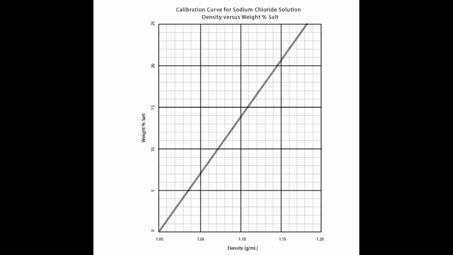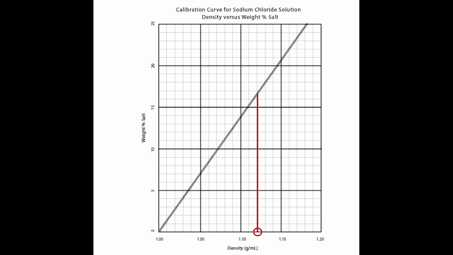This particular calibration curve shows the linear relationship between density and weight percent salt. For every time the density goes up, the weight percent salt goes up proportionally. So here's how you use it. You place a little tick mark along the x-axis, which corresponds to your average density, and then you draw a vertical line straight up until it crosses the calibration curve.